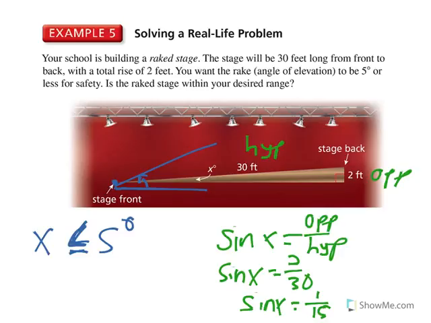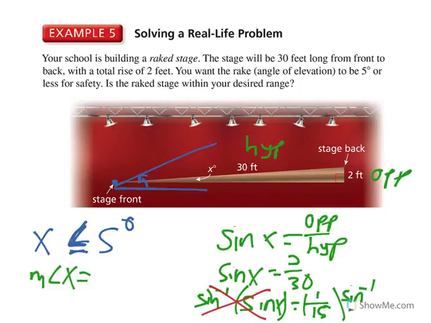So, in order to get my angle measurement, this is where we said earlier we need to do the inverse sine of both sides. So if I take inverse sine on the right side this time, my inverse sine and my sine cancel. And so I'm going to end up getting, I'm going to write it over here to the left, the measure of angle x is equal to the inverse sine of 1 over 15.